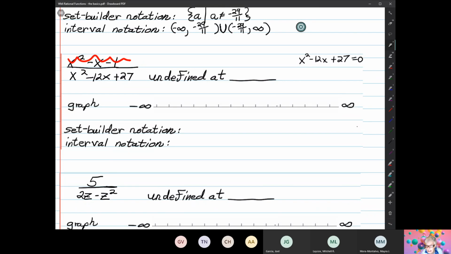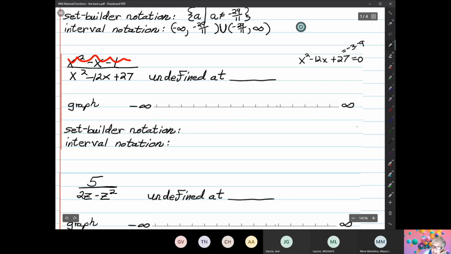So let's see, 27 equals 3 times 9. And 27, positive 27 equals negative 3 times negative 9.